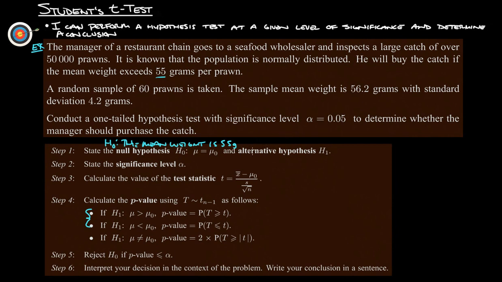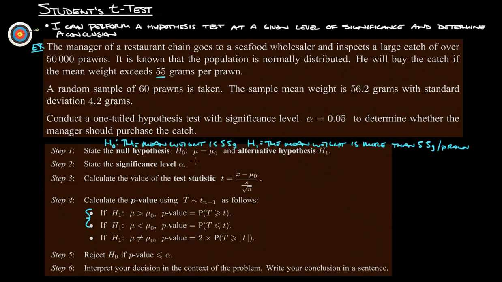Then our alternative hypothesis, H1, is that the mean weight is more than 55 grams per prawn, because he says he wants to buy the catch if it's more than 55 grams. So that's what we want to know: what is the probability that it's going to be more than 55 grams per prawn. So there are our two hypotheses.